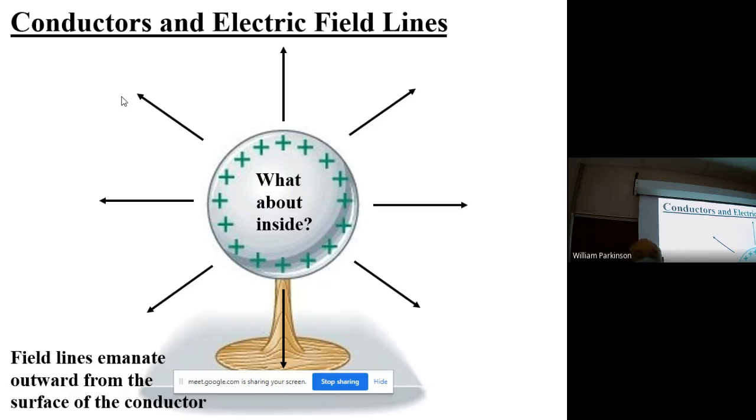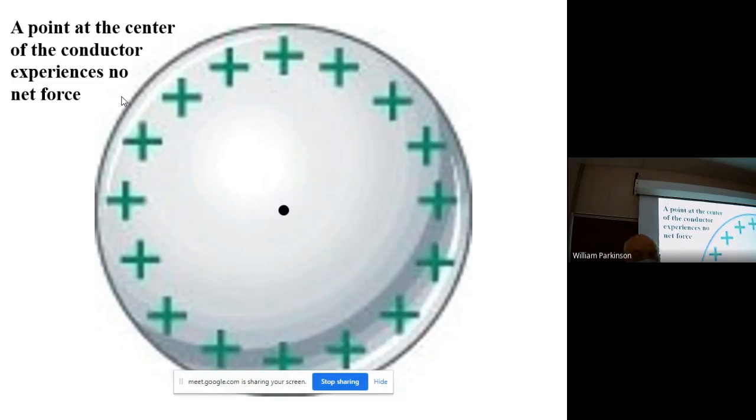So even though there is no charge in the center of this conducting object, whether it's solid or hollow, is there a field? Or is there the ability to push or pull in the center of this object? To do that, we'll answer the question much like we did for the planet Earth by dividing the sphere into a bunch of little sections.